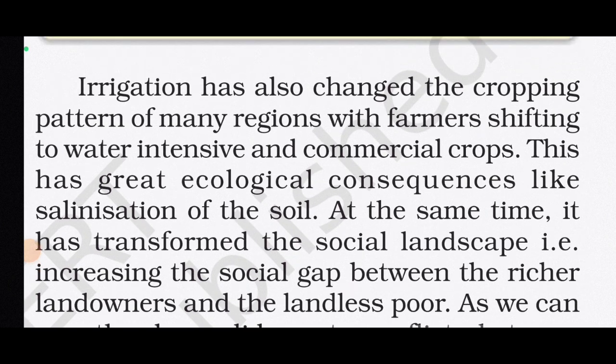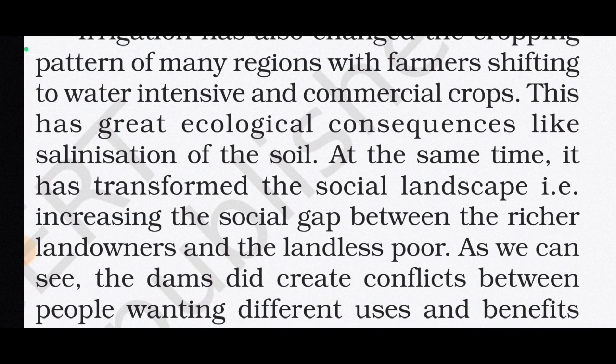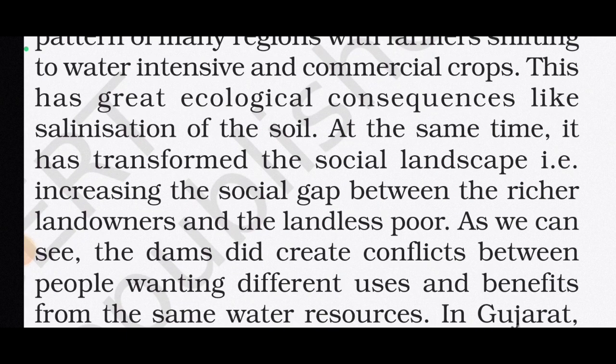तो हमने कहा था कि चलो, irrigation has also changed the cropping pattern of many regions, with farmers shifting to water intensive and commercial crops. This has great ecological consequences like salinization of the soil. At the same time, it has transformed the social landscape, that is increasing the social gap between the richer landowners and the landless poor.